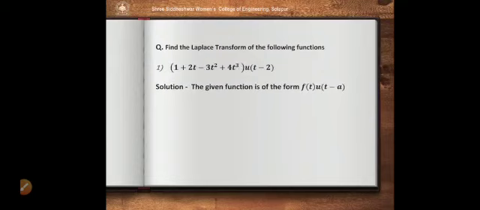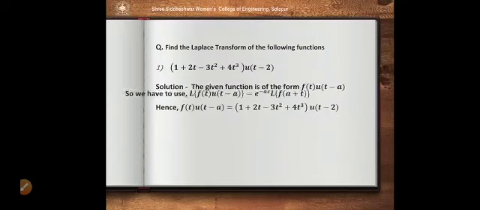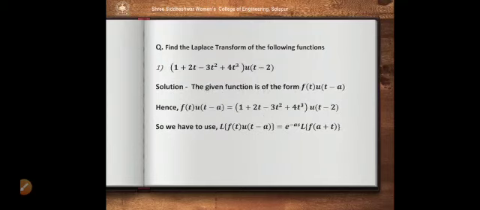See, in these examples, first we have to identify the form of the given function, as we have seen the results of Laplace transform of Heaviside unit step function in different forms. So here f of t is equal to 1 plus 2t minus 3t square plus 4t cube, and a equal to 2.